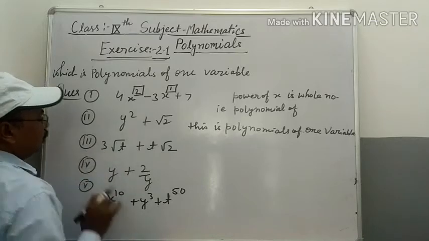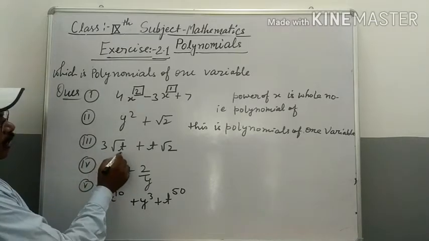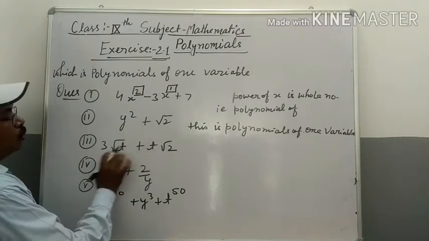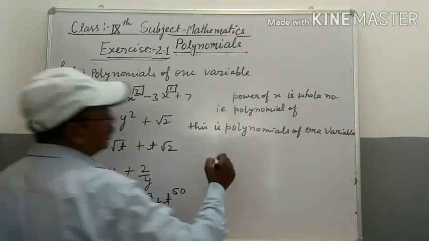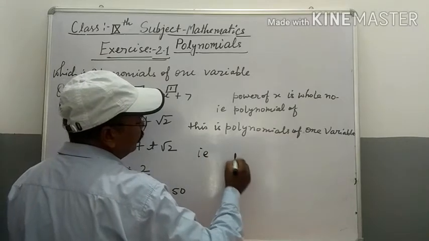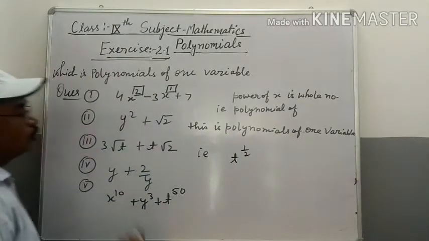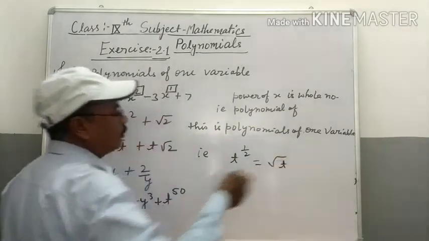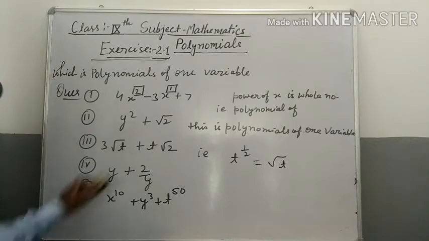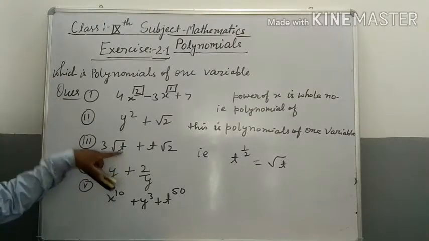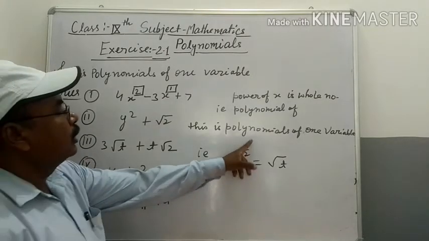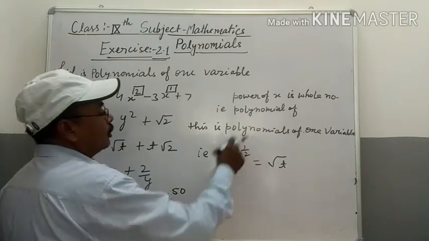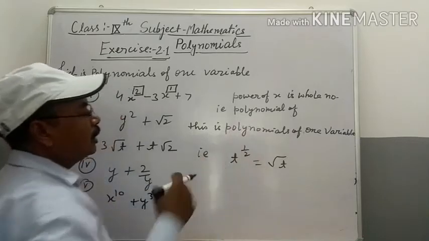And third, students, you can see the power of the variable in this polynomial is under root t, but the power of under root t is half. Under root t का मतलब under root t is equal to t to the power half. It means the power of t, variable की पावर, is half, not a whole number, students. That is a rational number, not a whole number.